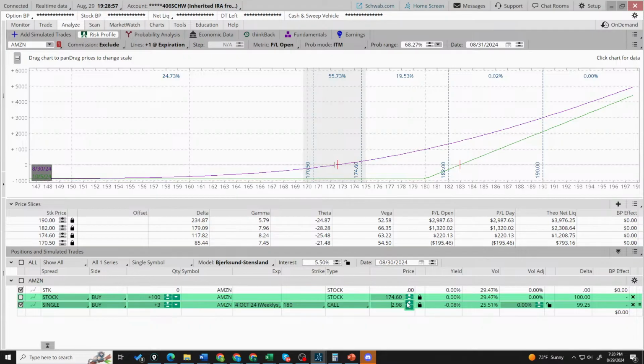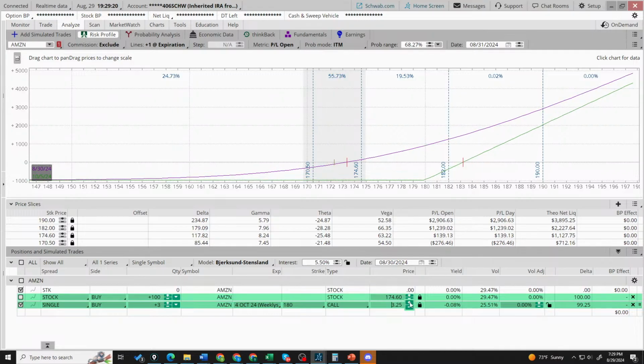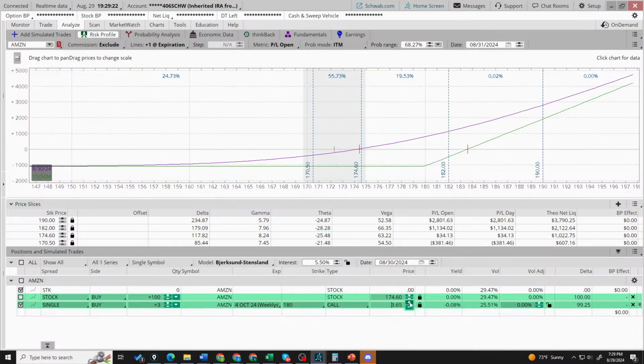Okay, what am I doing right now? I'm guessing, using the model, at what the option will cost when the stock crosses 174.60. This red line, I'm going to move this red line to this hash mark here. That's 174.60. How do I do that? I'm raising the price of the option. Bam. 370. That's approximately what I would actually anticipate paying for this.